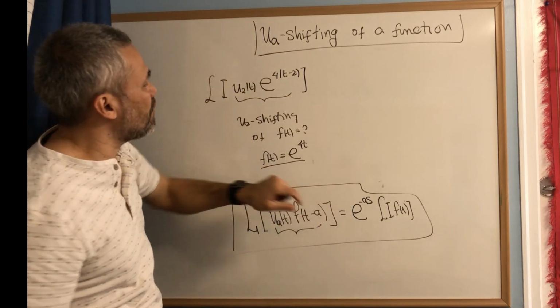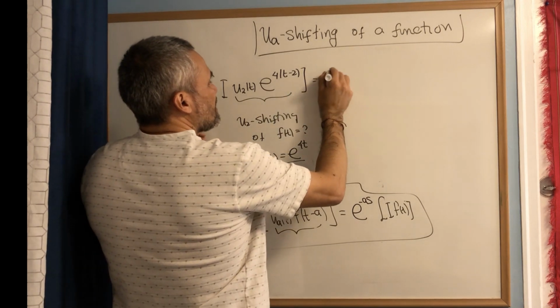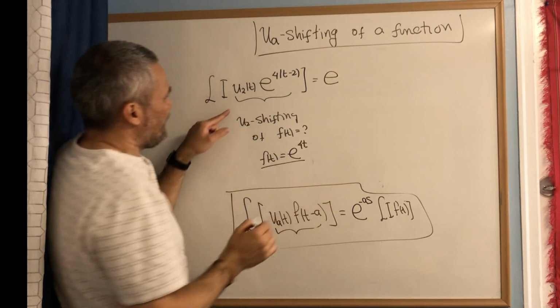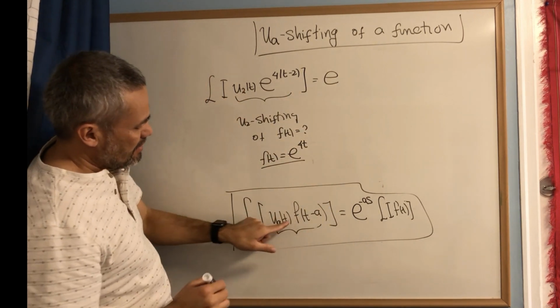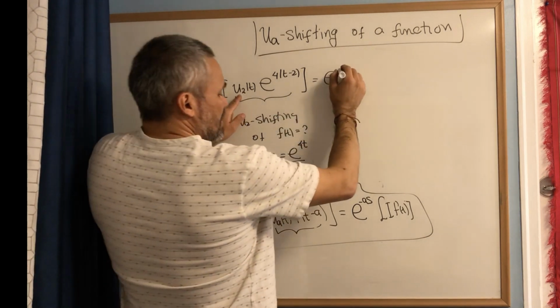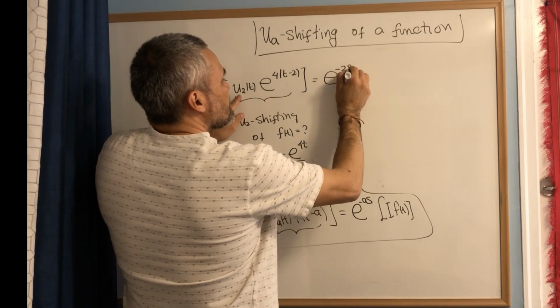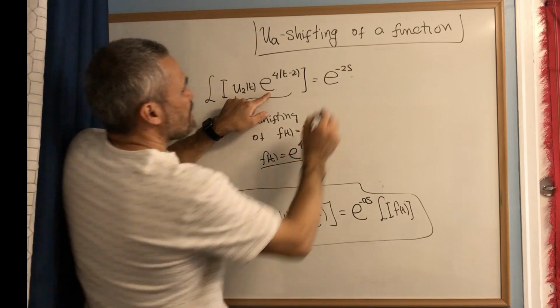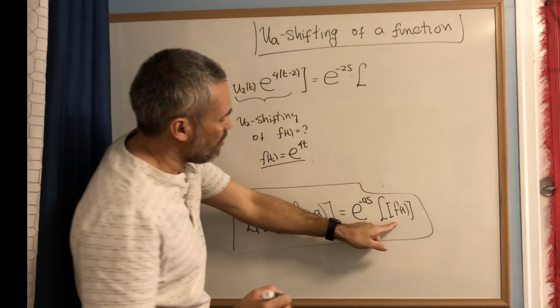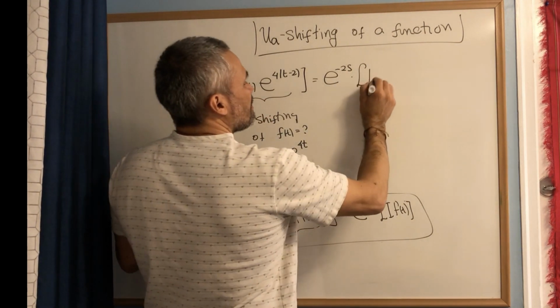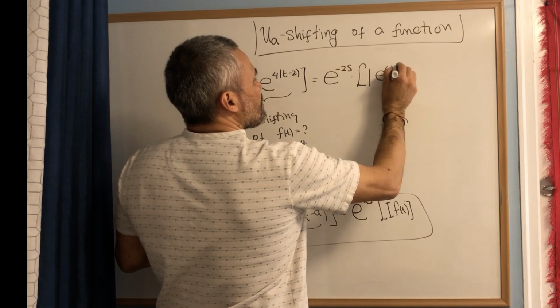And according to this formula, this is just e to the, what is a in this case? a is 2. e to the negative 2s times the Laplace transform of the original, which is e to the 4t.